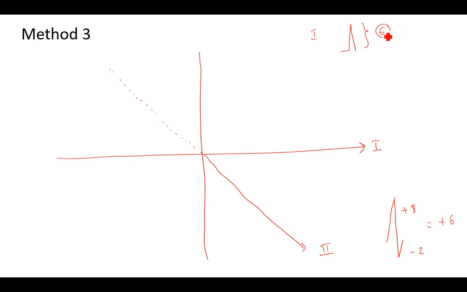So I will mark over here 1 2 3 4 5 6. So this is plus direction in lead 1, this is negative direction in lead 1, this is negative direction in lead 2, this is positive direction in lead 2, okay.